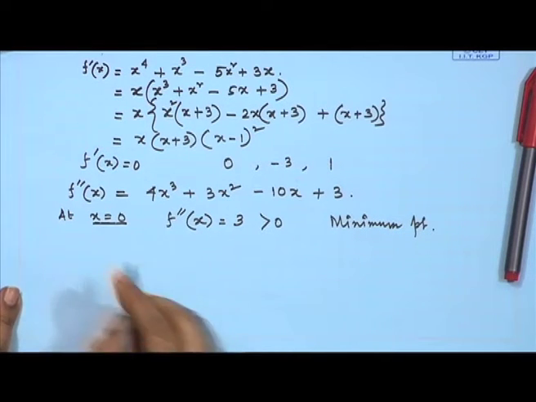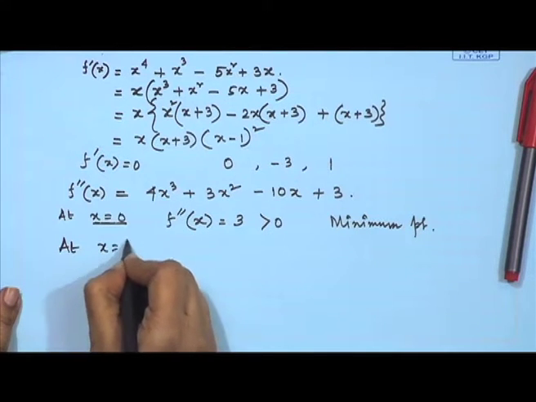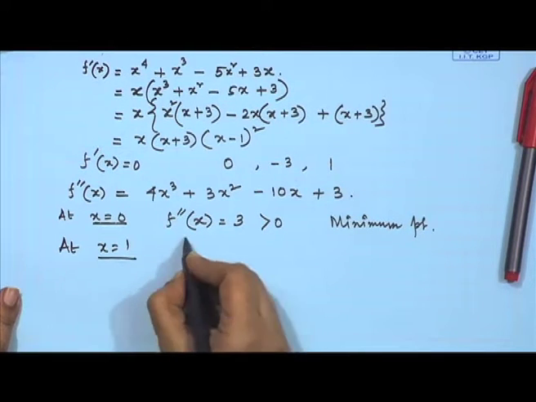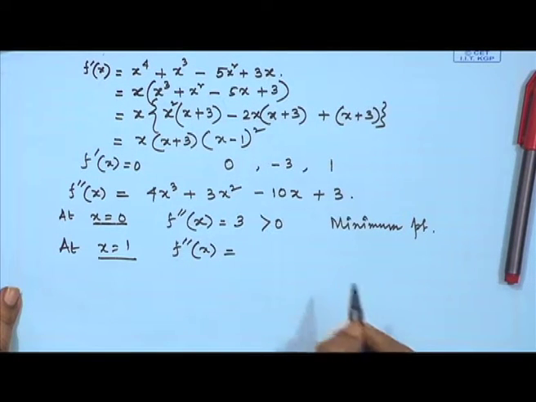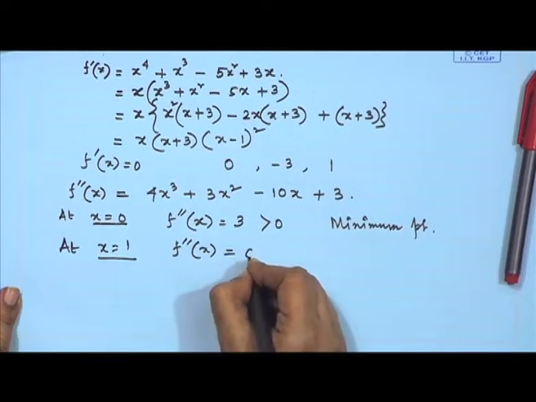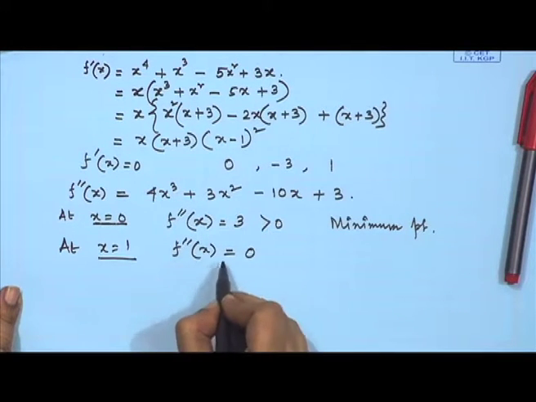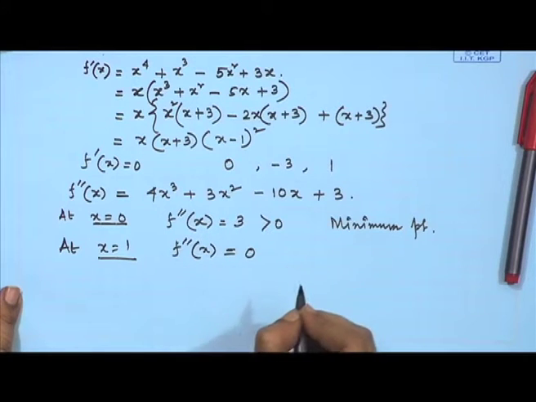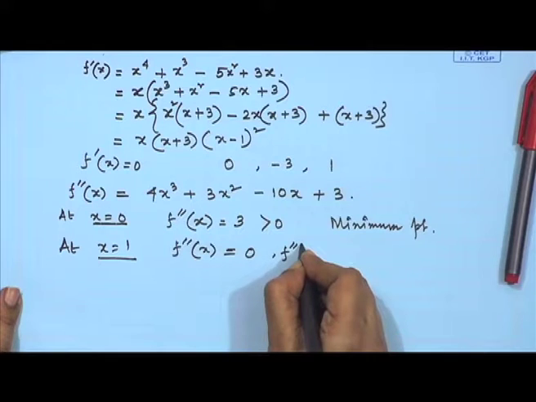Alright. Now, let us go to the next. Let me consider x equal to 1 first. Then f prime x must be equal to 0. If we consider f double prime x equal to 0, our sufficient condition suggests that we go for the third order derivative.